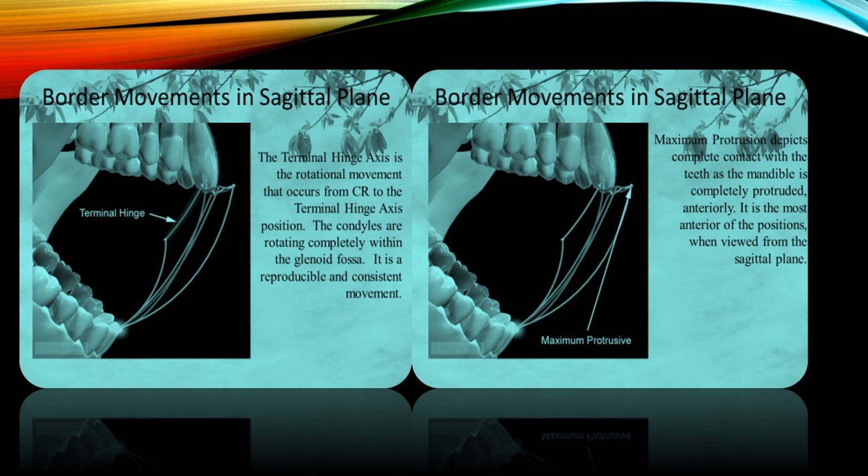You can notice that the border movements are subdivided into anterior border movement, which appears as one arc in the sagittal plane, and posterior border movement, which appears as two arcs in the sagittal plane.